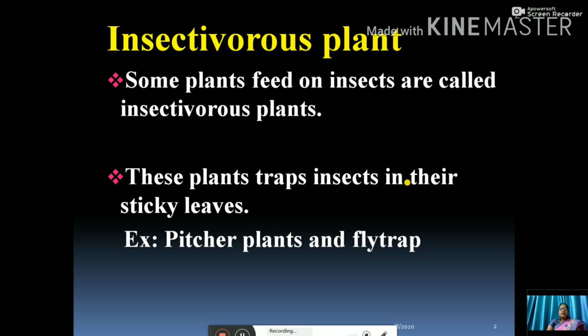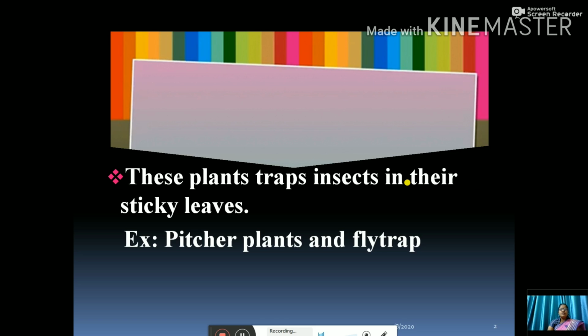Clear to all of you? Related to these plants, I am just giving you a video. By watching the video, it will be very clear how the insects are sitting on these plants and how they are digested. You watch the video.